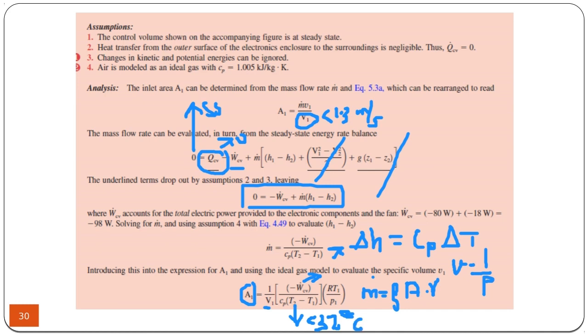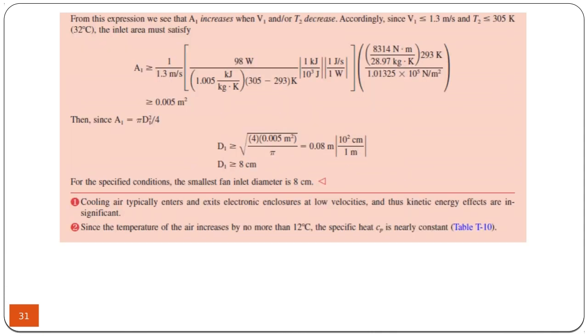So by using the given values, you calculate the inlet area of 0.005 square meter. If you say that it's a circular inlet, so area 1 is pi d1 squared divided by 4.